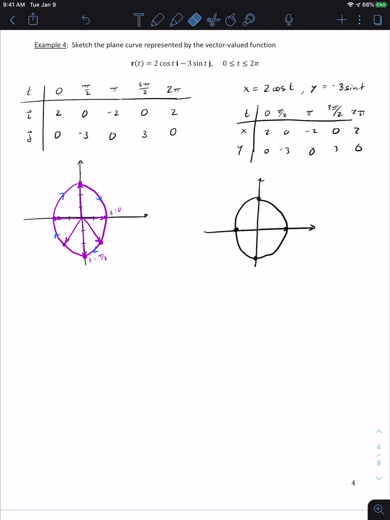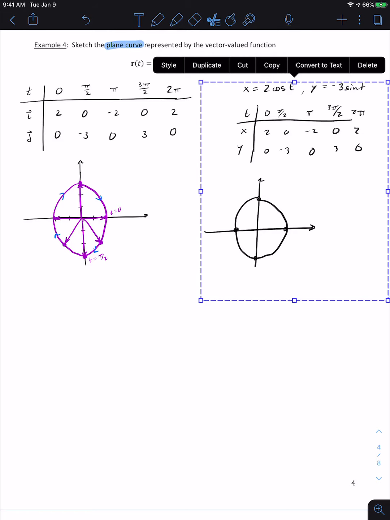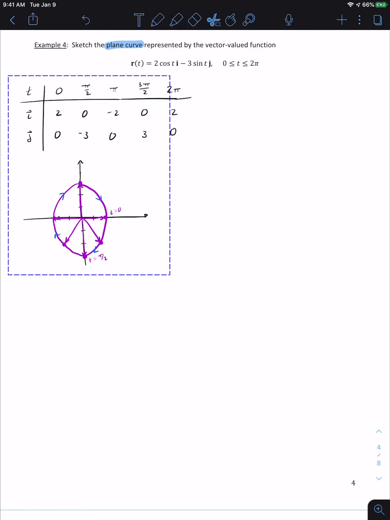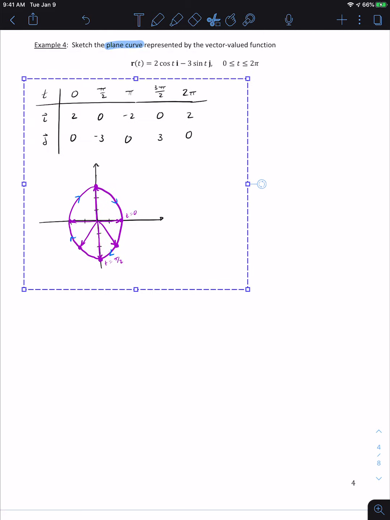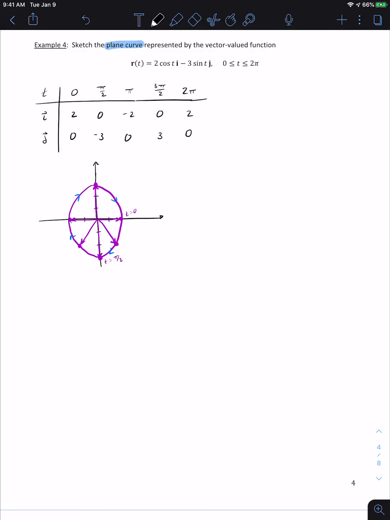But remember, this is a plane curve represented by a vector valued function, so really all we care about is the curve. These little vectors on here I really could have gotten rid of. I kept them just to rehash the fact that it is a vector valued function, but really I could have thought of it as a set of parametric equations and graphed it that way.